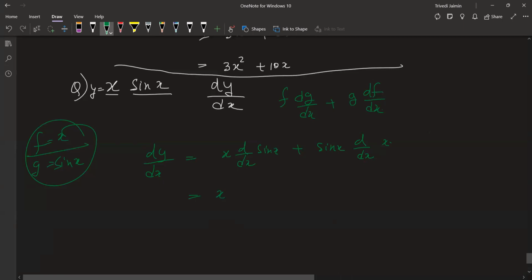So x into cos x plus sin x into 1. That means x cos x plus sin x. That is your dy by dx form.